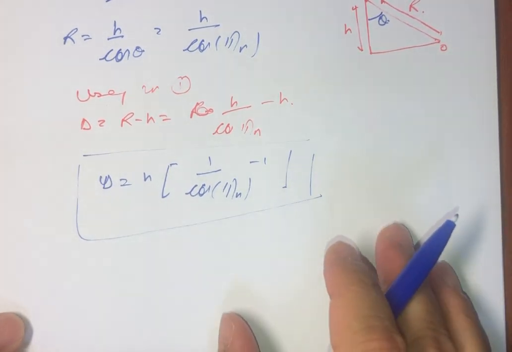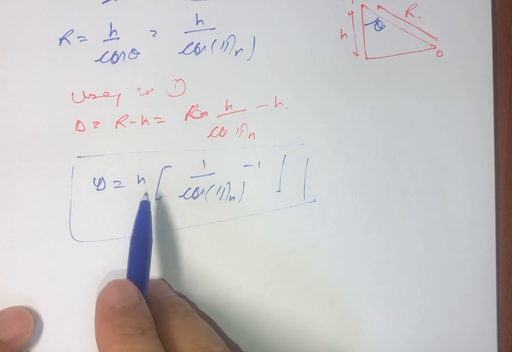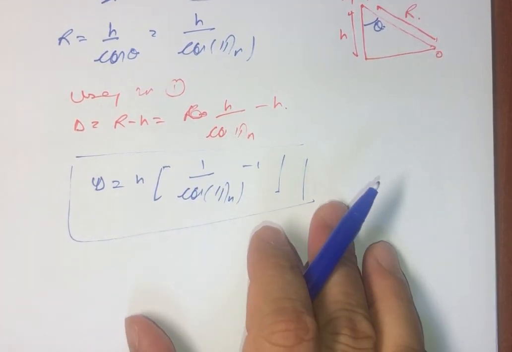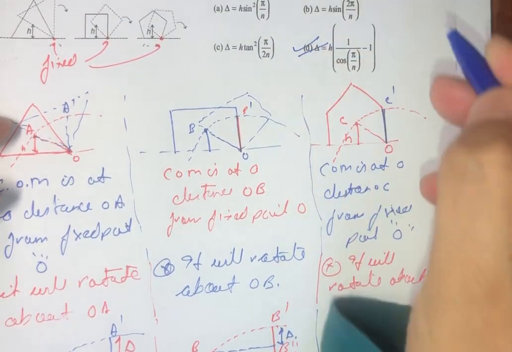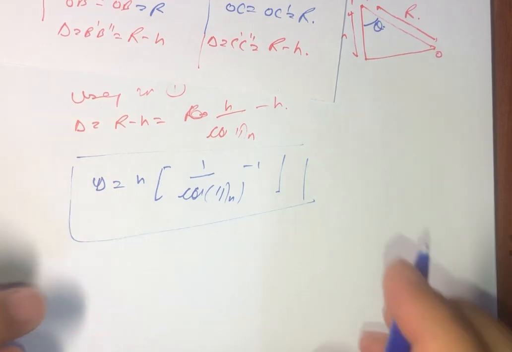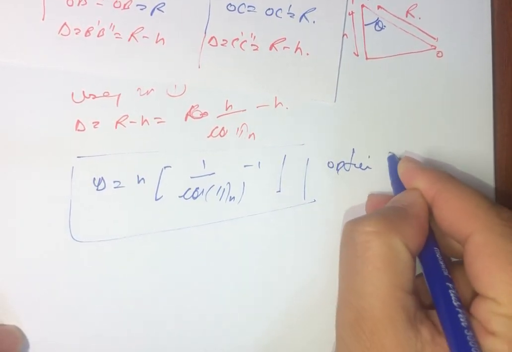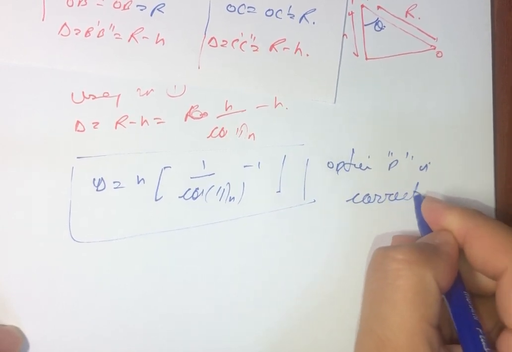So this is the maximum increase in the height, giving the relationship between H and n. And for the option, you can say D is the correct option. Option D is correct.